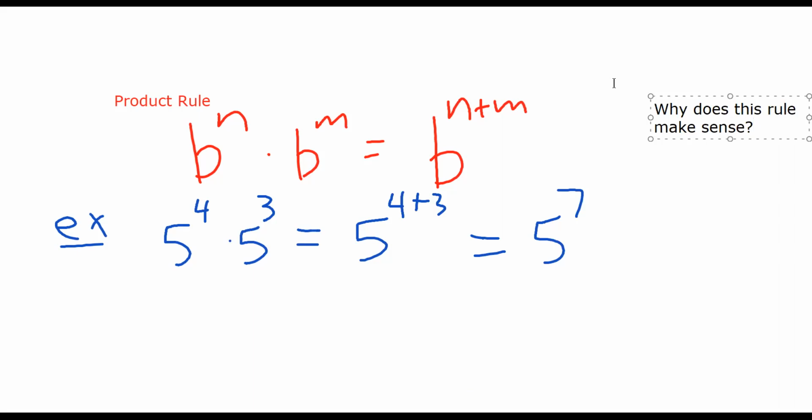The real question we should be asking is, why does this rule make sense? That's a good question. Imagine you did have 5 to the 4th times 5 to the 3rd. Well, 5 to the 4th here, that's saying do 5 to itself 4 total times.